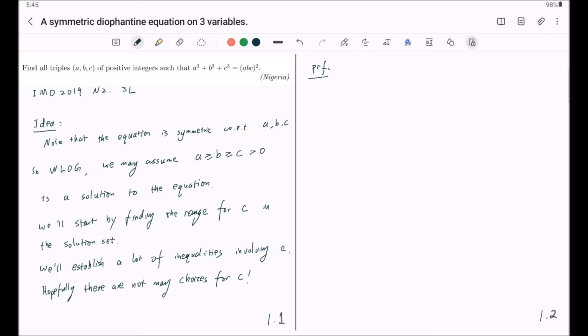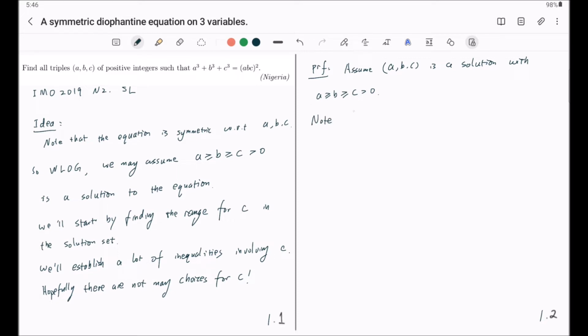Okay, now we start the proof. Assume ABC is a solution with A greater or equal to B, B greater or equal to C. Our first observation is a trivial one.